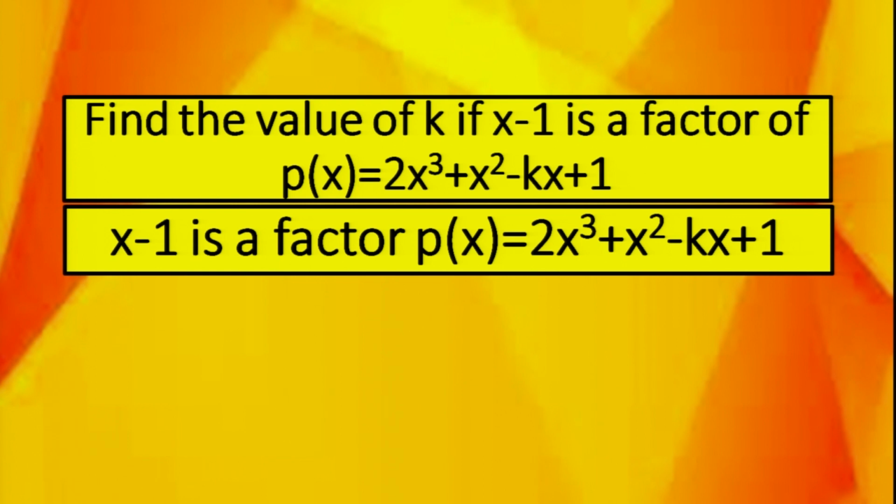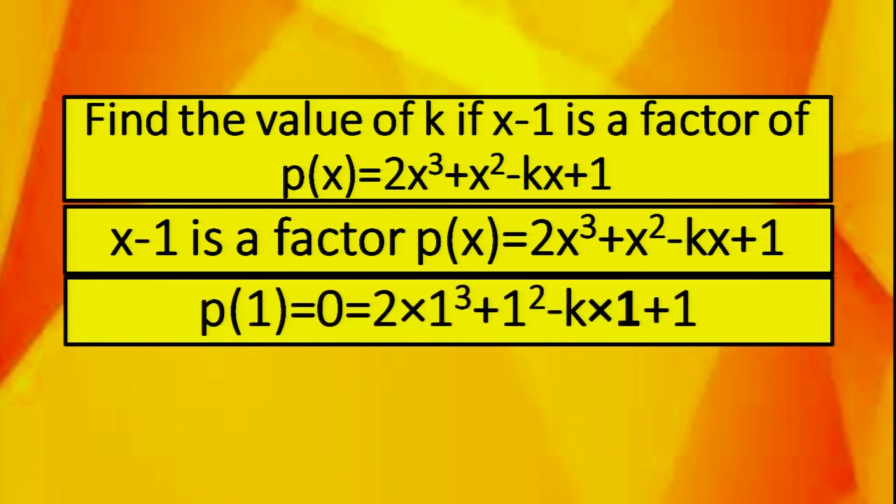So we can say that x minus 1 is a factor of P(x), and this gives P(1) equal to 0. And what is P(1)? We have to replace the value of x as 1. So that gives 2 into 1 cube plus 1 square minus k into 1 plus 1, as it is given earlier.